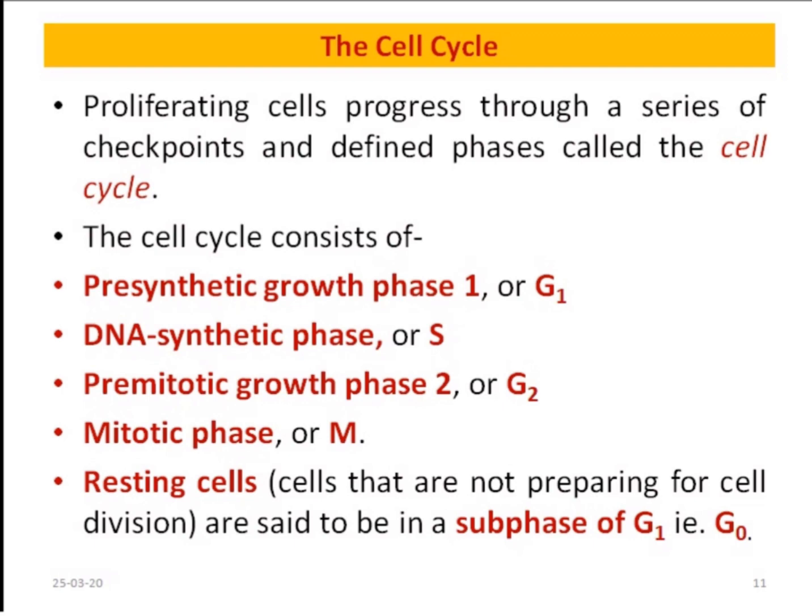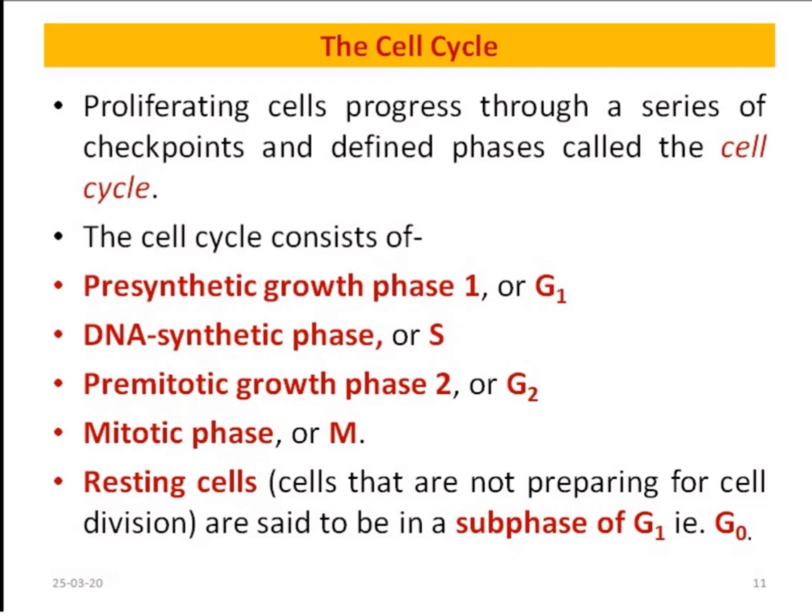One more phase which comes in between is called the resting phase, which is actually the subphase of G1, called phase 0 or the G0 phase, right? In this, what happens? Cells that are not preparing for cell division, there are certain cells which cannot, because of certain reasons, go into the cell division process, because once they go into cell division, they will multiply and make their own copies.